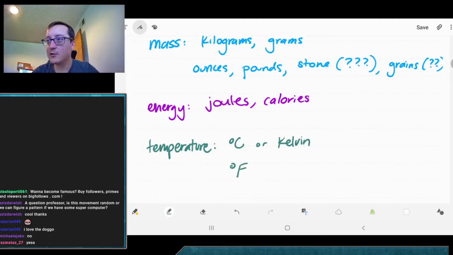Here's your fun story about Fahrenheit. So, the Celsius scale goes 0 to 100 based on the freezing and boiling points of water. Probably one of the most common molecules that we will ever encounter, right? We are mostly water ourselves. So that scale is based on water.